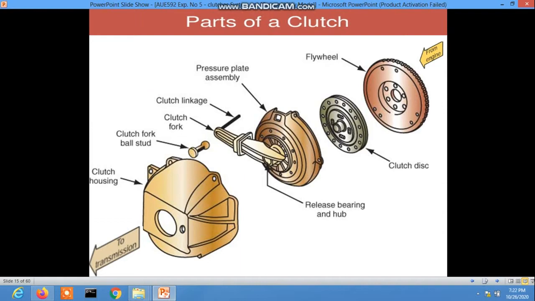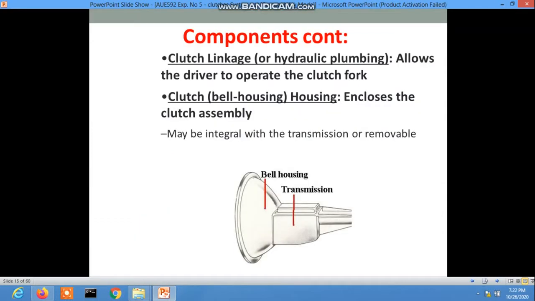Clutch fork ball stud, and this is the clutch housing, that is the bell housing. Clutch linkage allows the driver to operate the clutch fork. The clutch housing, or bell housing, encloses the clutch assembly and may be integral with the transmission or removable.